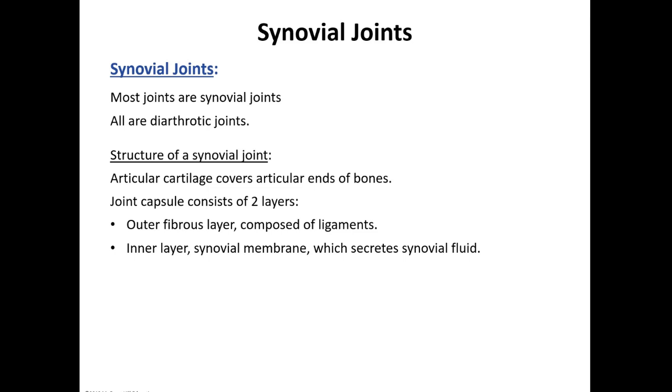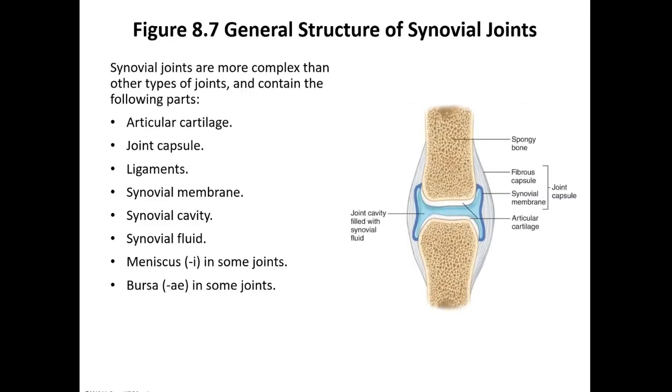All right. Here's a diagram showing us synovial joints. This is the general structure of a synovial joint. On the top part, you see a bone. At the bottom part, you see a bone. On the outside, you see the fibrous tissue. On the inside, you see a synovial membrane, colored blue.